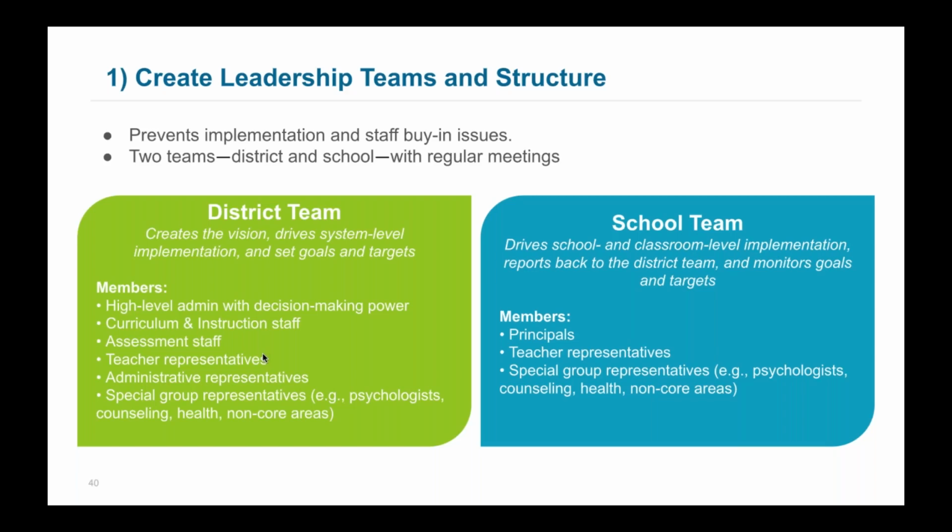So it's important to include teacher representation and admin representation, and always with teams, you want to make sure you're not just including the academic arena, but those that oversee all arenas, including academics, but also behavior and social emotional learning for students. And at the school level team, you want to make sure that you include leadership and those working directly with students in your schools.